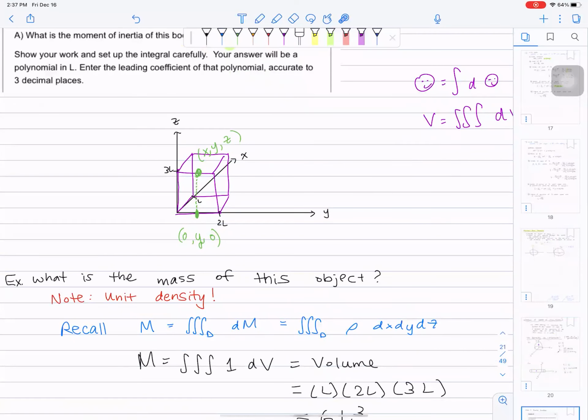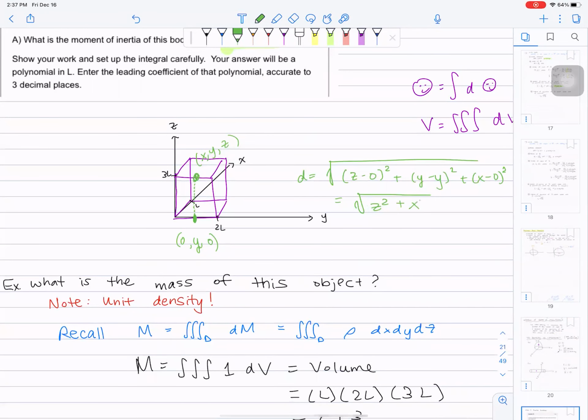And so now I use the distance formula. The distance between any two points is the square root of z minus 0 squared plus y minus y squared plus x minus 0 squared. So we have z squared, y minus y is 0, and x minus 0 is x squared.